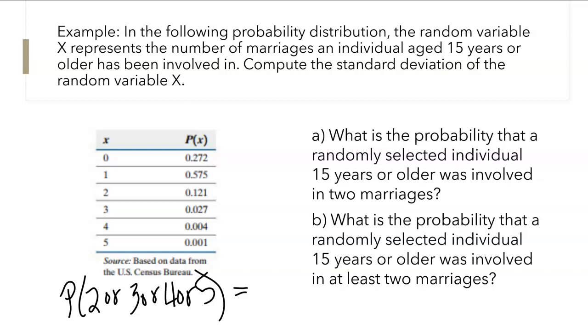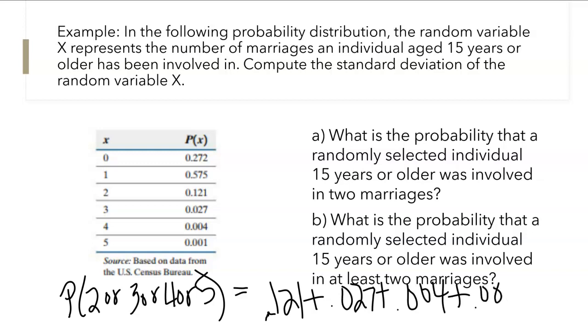So you will take the probability of 2, which is 0.121, plus the probability of 3, which is 0.027, plus the probability of 4, which is 0.004, plus the probability of 5, which is 0.001. And add those together, and you get a total of 0.153.